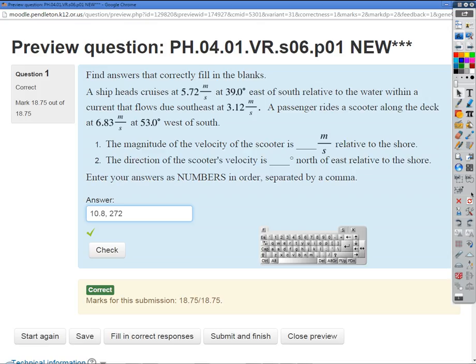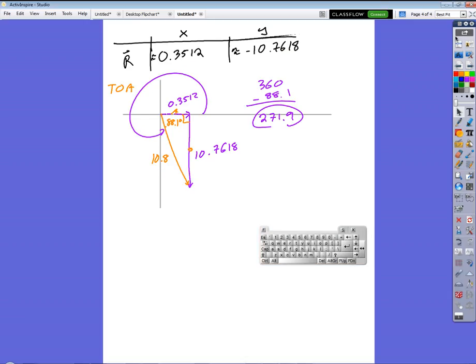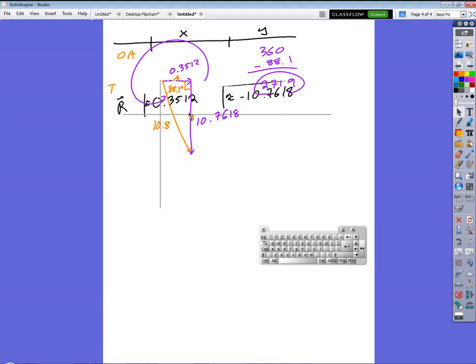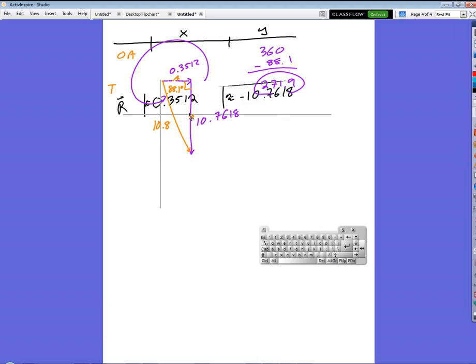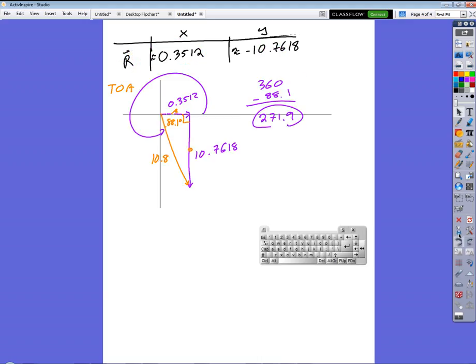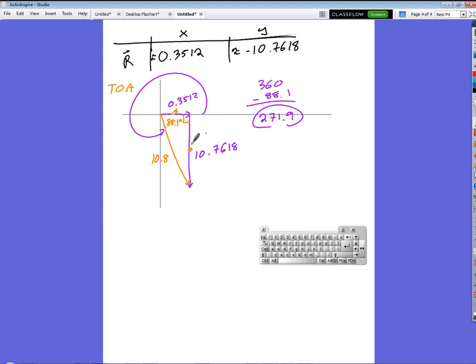Does that make sense? If we're saying that this is the positive direction we're measuring north of east, then the opposite direction would be the negative direction. It's just like for angles, for those of you who haven't had a ton of trig, it's like a number line.